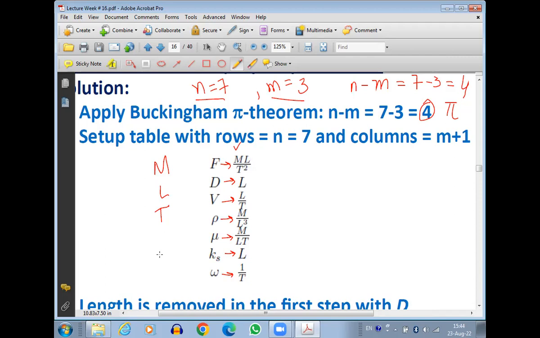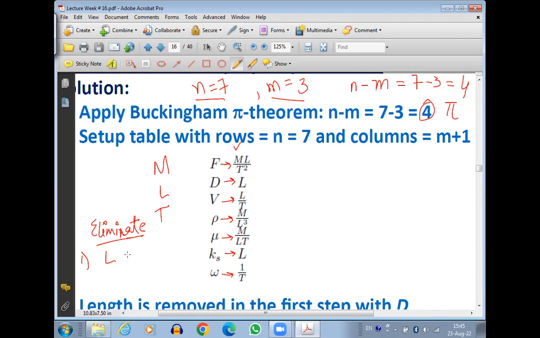Now, if you look here, the simplest ones are either the diameter or Ks, because they are just L. So we can use either diameter or Ks to eliminate length from the whole set of variables. As a first step, we will eliminate length.